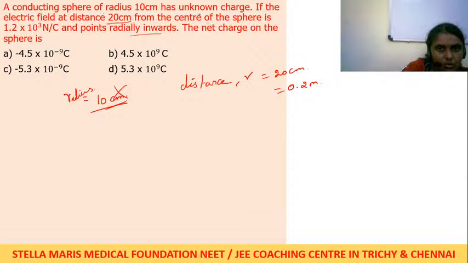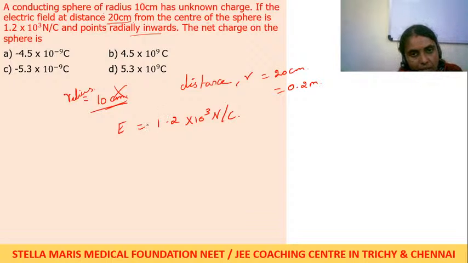The electric field at distance 20 centimeter from the center of the sphere is 1.2 into 10 cube Newton per coulomb. Because it is inwards, it is in the opposite direction, so just put a minus sign.